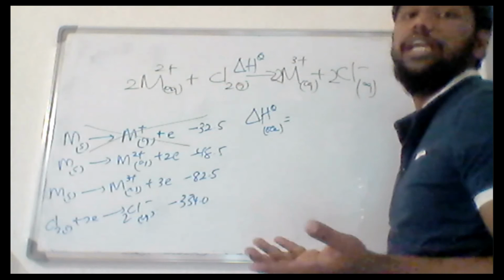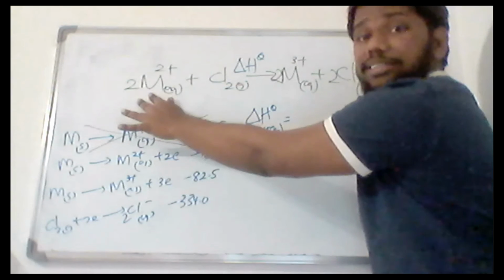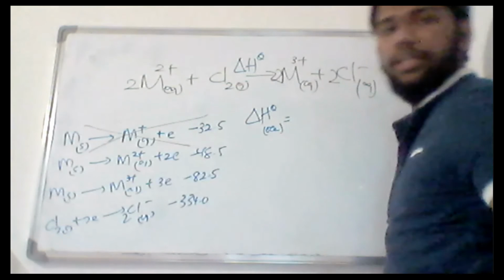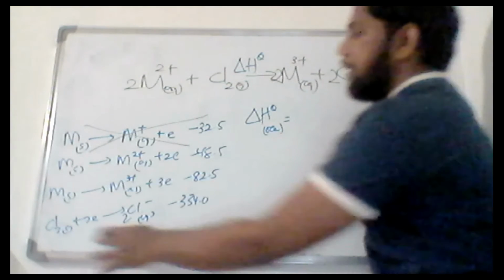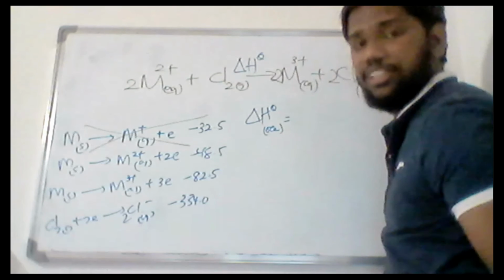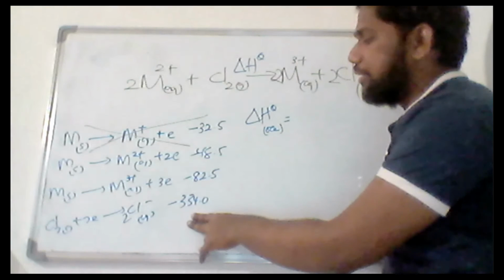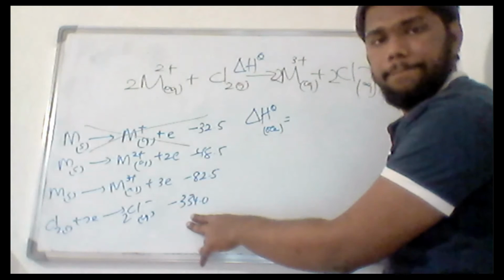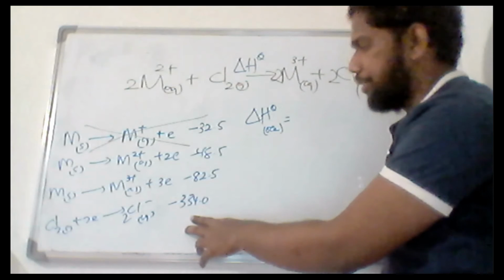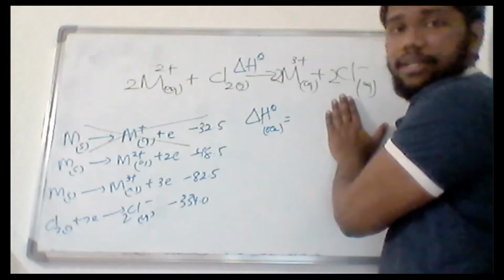And M2+ is also given. You can consider this reaction, the reduction, and it is minus 334, which is already given in the equation. So this will be minus 334.